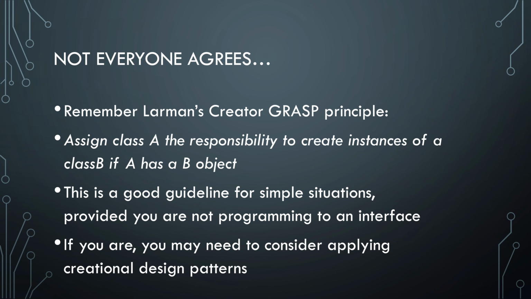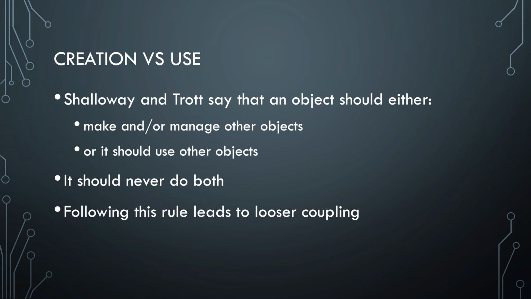If it's an abstract class, so if you're programming against an interface, you may want to improve your design by applying creational design patterns. As opposed to Larman, Shalloway and Trott argue that an object should either make or manage other objects, or it should use them, never both. If you follow this rule, it leads to looser coupling.